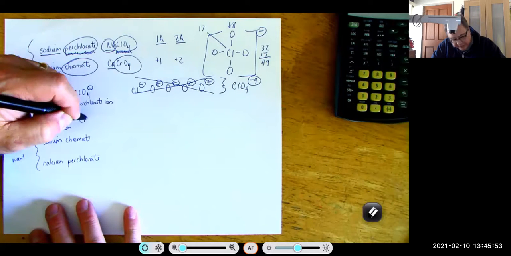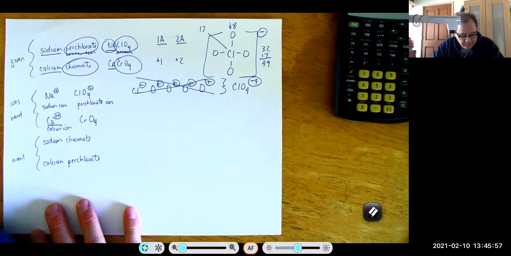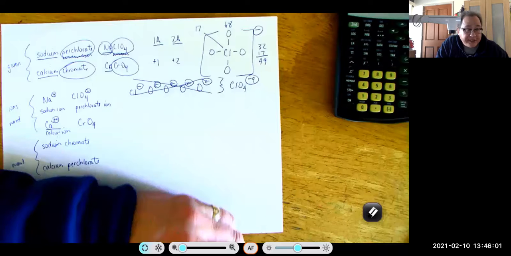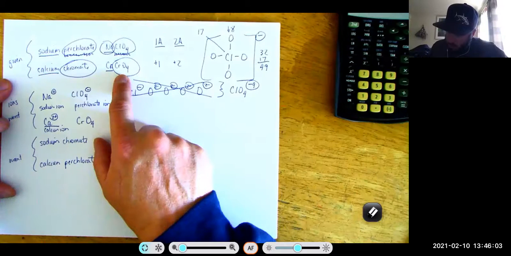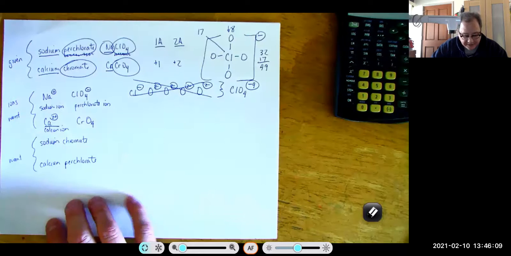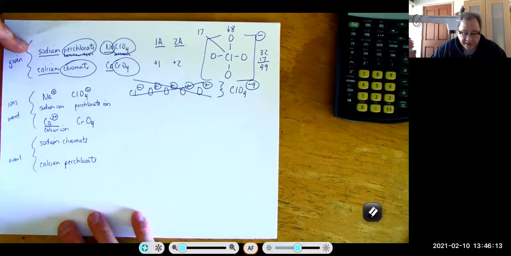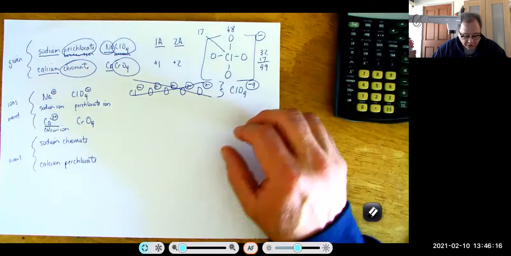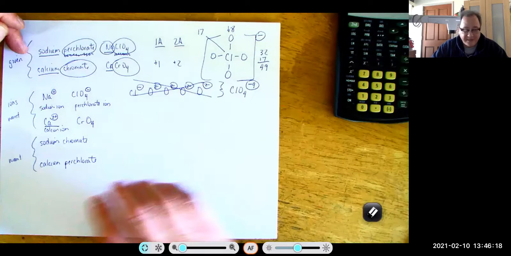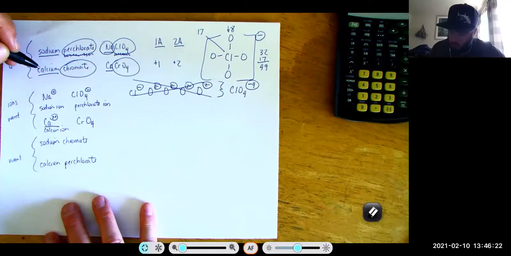What's the charge on it? Well, let me ask you this first. How many chromates do you see here? There's 1 chromate. Good. How many calciums do you see there? 1 calcium. So based on the charges having to add up to 0, what does the charge on your chromate ion have to be? -2. Correct.